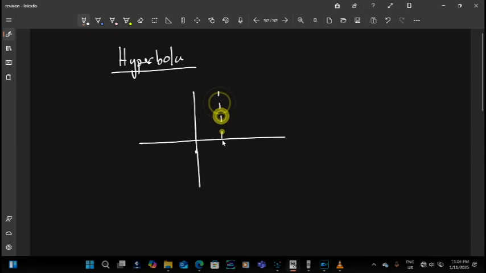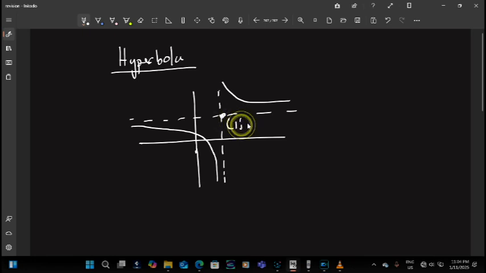Let's say you have two functions like this, and you have two asymptotes that are meeting at, for example, 1, 1. So we have two axes of symmetry. The one will go down, and the other one will go up. So they will have two equations.